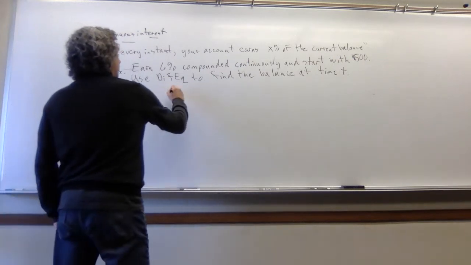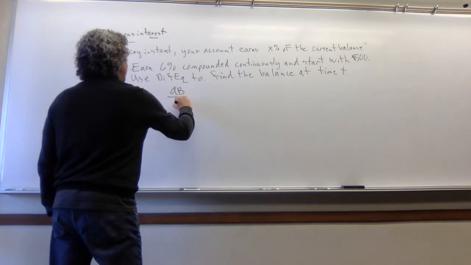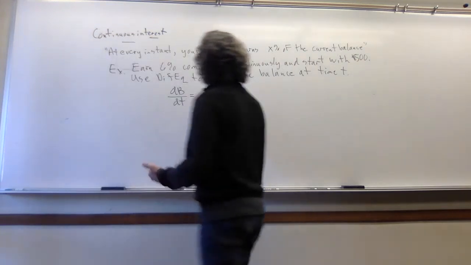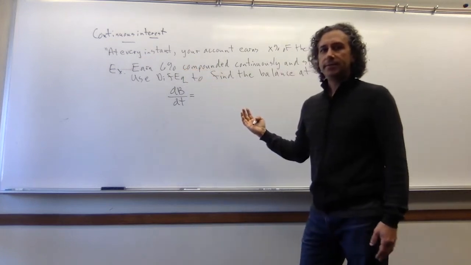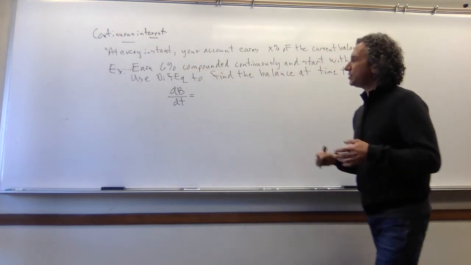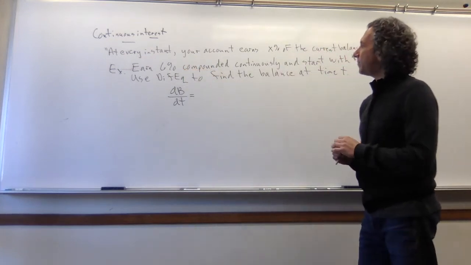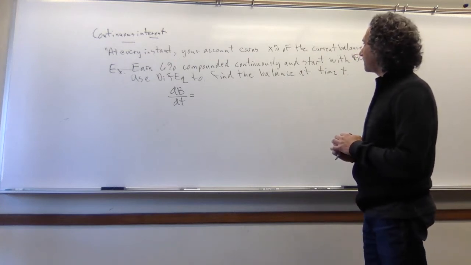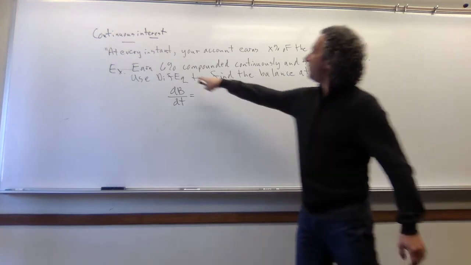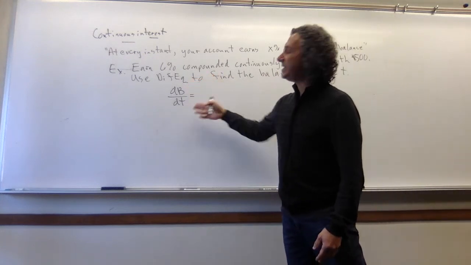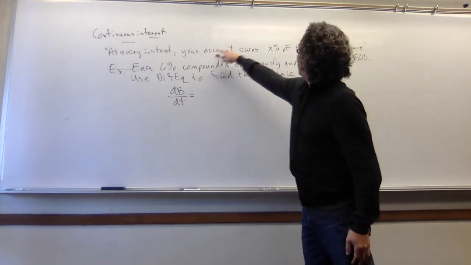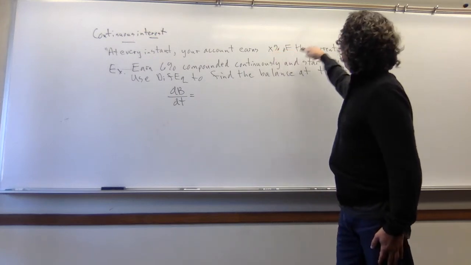So let's see, the rate of change, dB/dt, the rate of change of the balance at time t is, well, try to pause your video for a second, see if you can come up with that. Well, if I'm earning 6% compounded continuously, then dB/dt, the rate of change, earns X percent of the current balance.